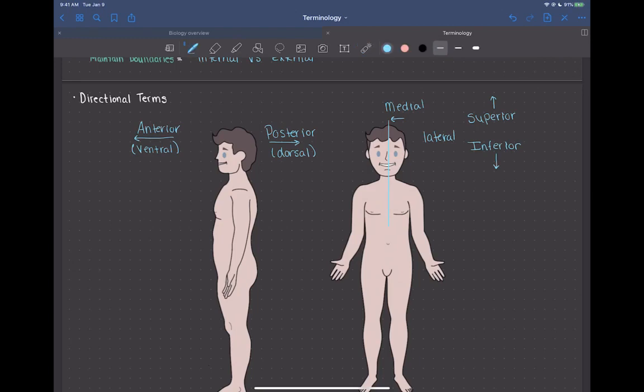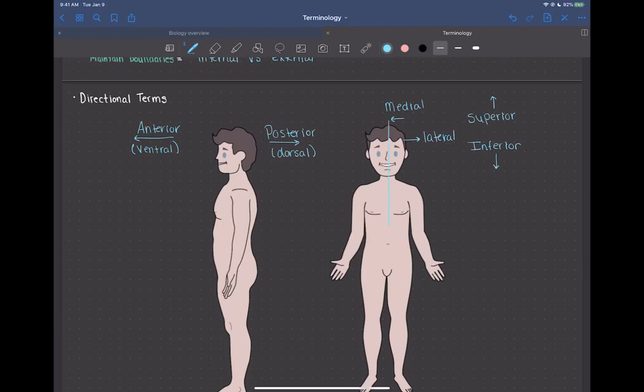Lateral means further away from midline. You could reverse it and say the eye is lateral to the nose, or the ear is lateral to the eye, since it's further away from midline than the eye is. So that's medial and lateral.